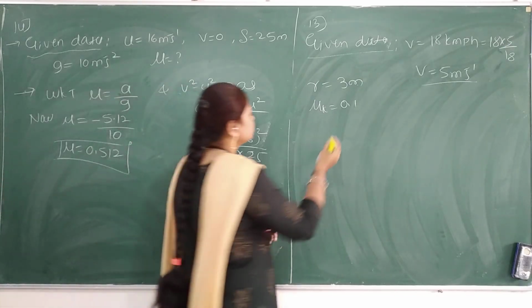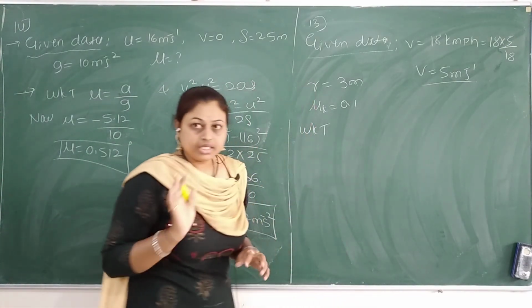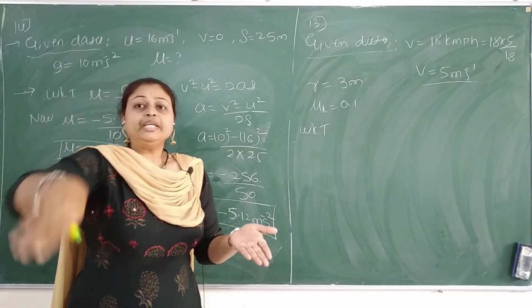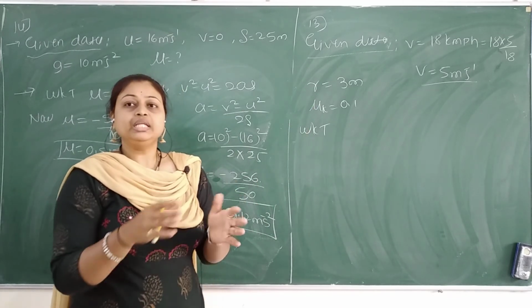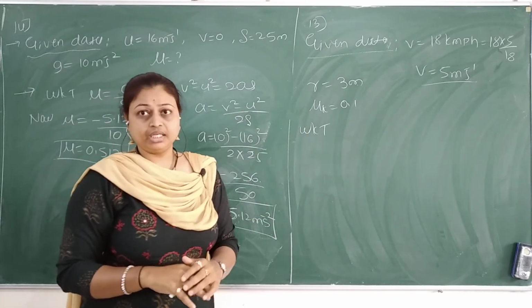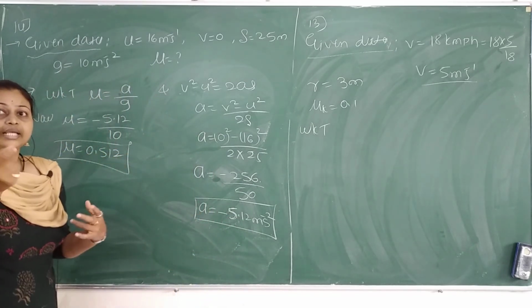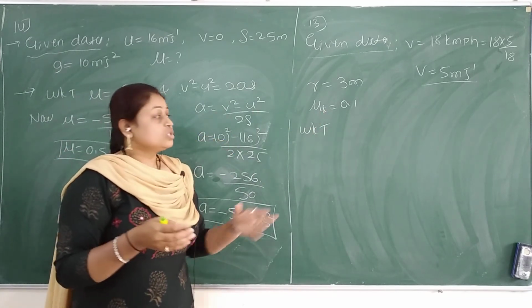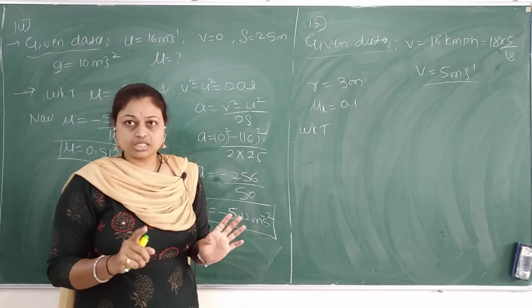How to calculate? See here, there is a cyclist moving in a circular path with velocity 5 meter per second. In that circular path the radius is 3 meter, and the friction between the tire and that road is 0.1. So you have to calculate whether he will take a safe turn or he will slip. This is the question.